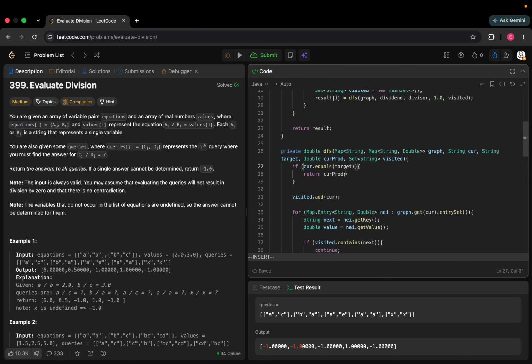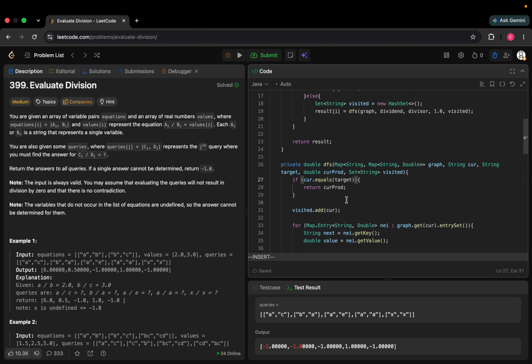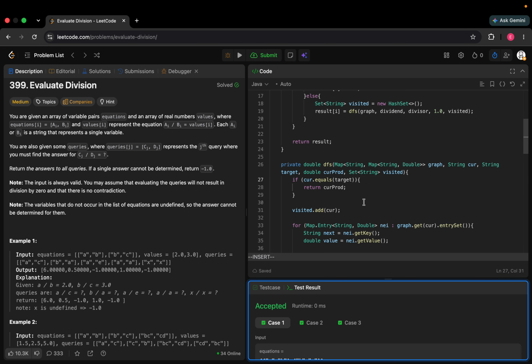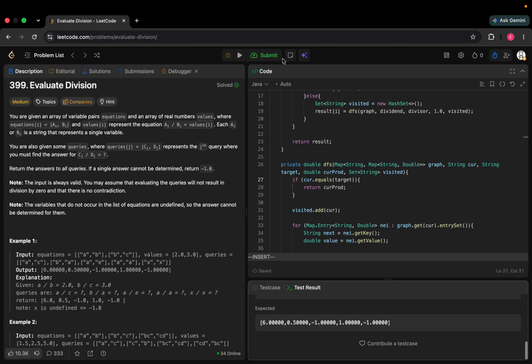That's why I always return the never equal. Never equal. Their reference is different.